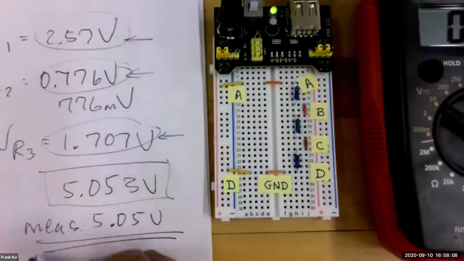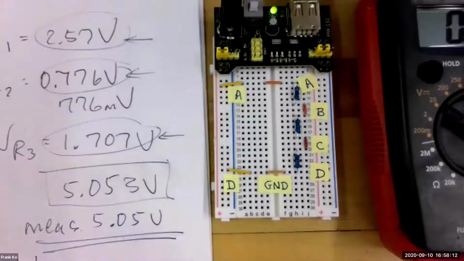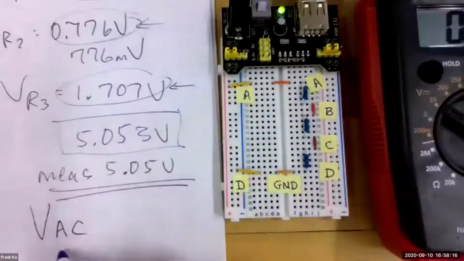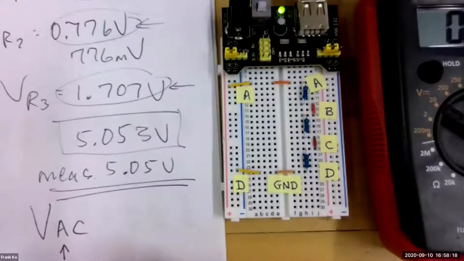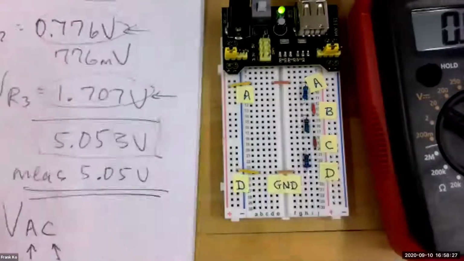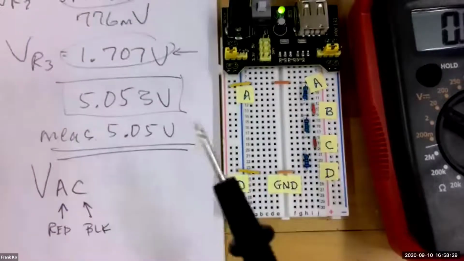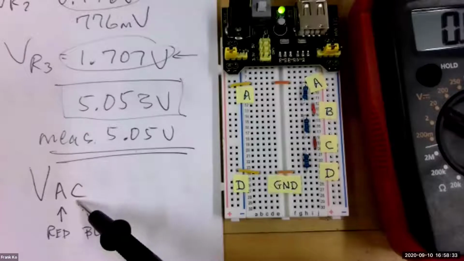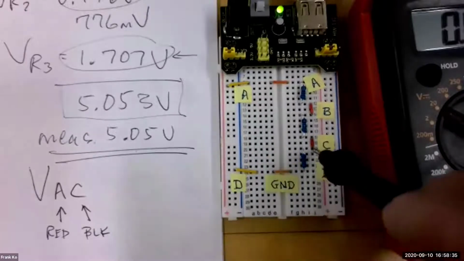Suppose you were asked V, A to C. You're shown A to C. That means the red probe has got to go here. The red probe is always on the first letter, and the black probe has to be on the second letter. So I'm holding probes in my hand right now. I've got the black probe, which is supposed to go to point C, right there.